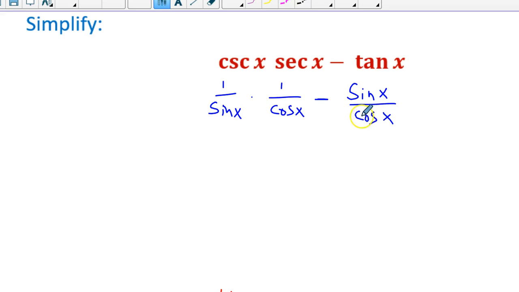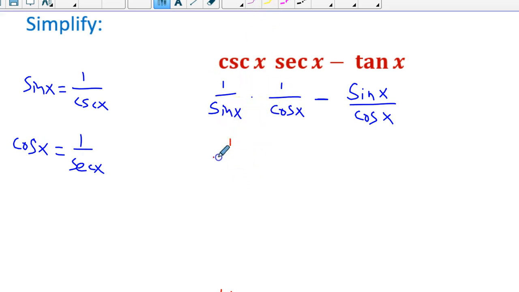Okay, so having known that sine x is 1 over cosecant x, we used this identity, and we also used that secant x is equal to 1 over cosine x. Similarly, the quotient ratio is tangent is sine over cosine. Okay, that's the first step. And in the second step, let me multiply these two.